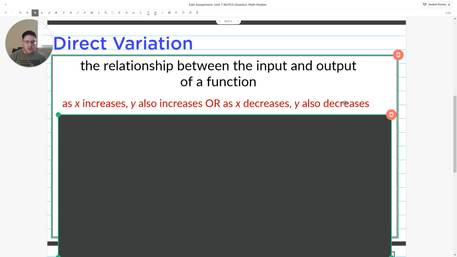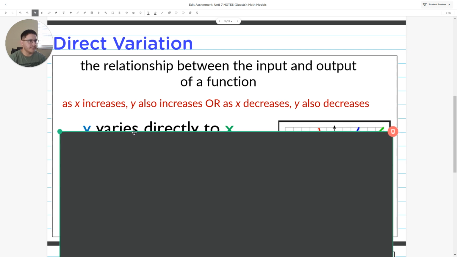In a real world scenario, as one value is increasing, the other value associated with it is also increasing. So those two things are directly related to each other. As one increases, so does the other, and if one thing is decreasing, the other is also decreasing. So that's what a direct variation means for a function.